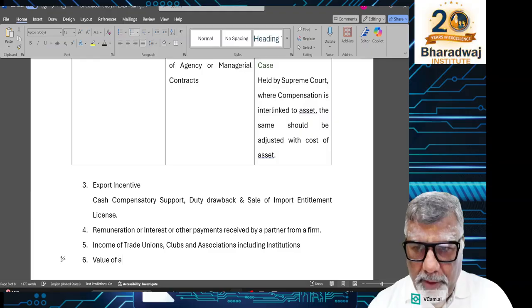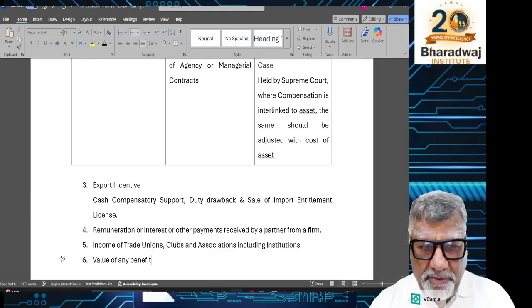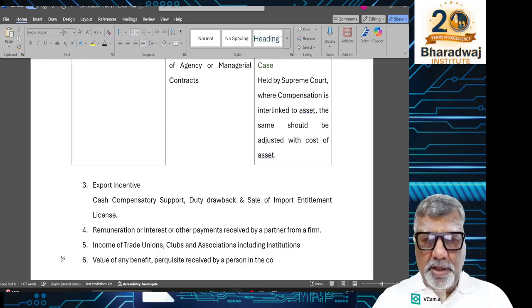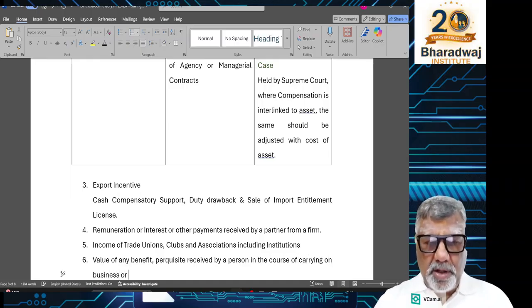Value of any benefit or perquisite received by a person in the course of carrying on business or profession.